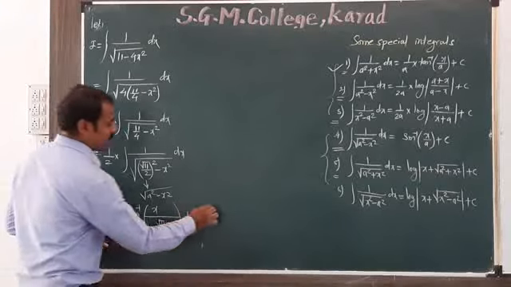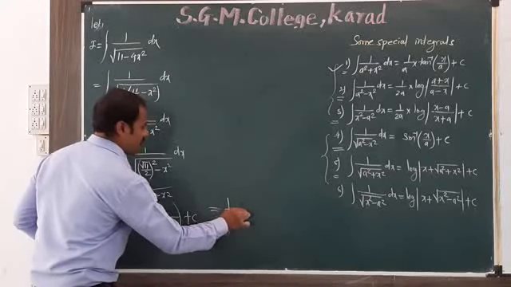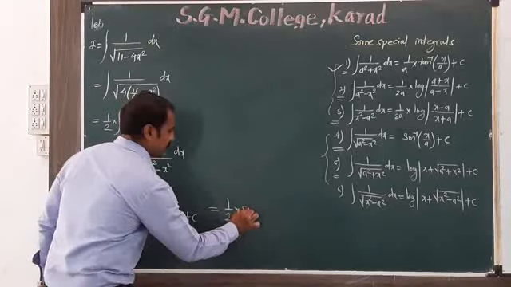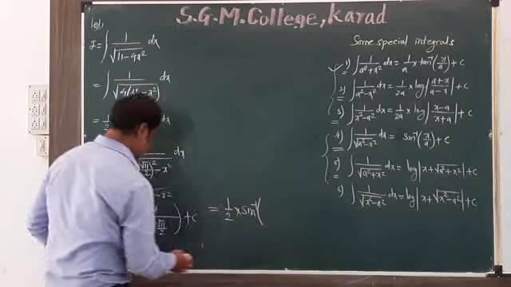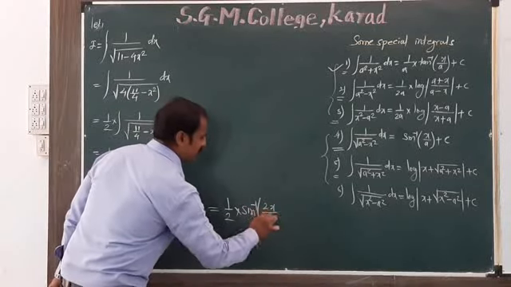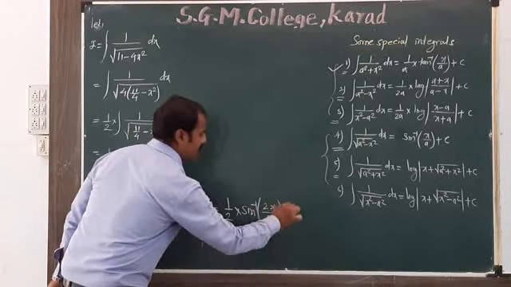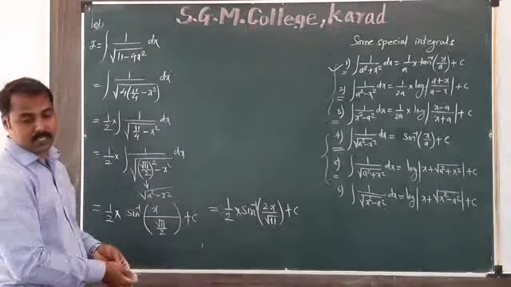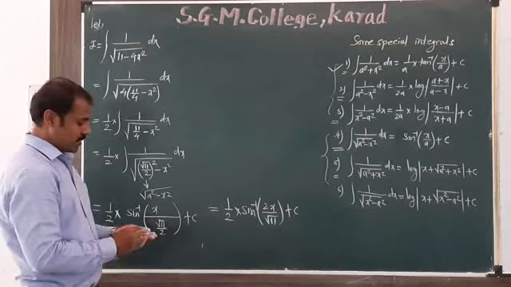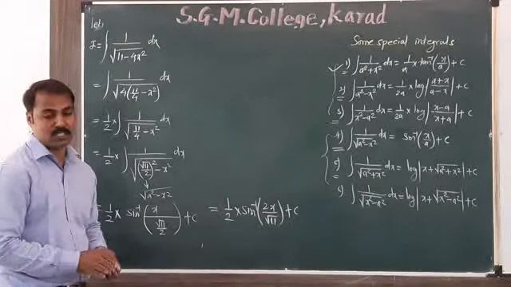After simplification, I can write this as 1 upon 2 into sine inverse. Look at here, the denominator comes in the numerator, 2x divided by root 11 plus constant of integration c. 1 upon 2 sine inverse 2x divided by root 11 plus constant of integration c.